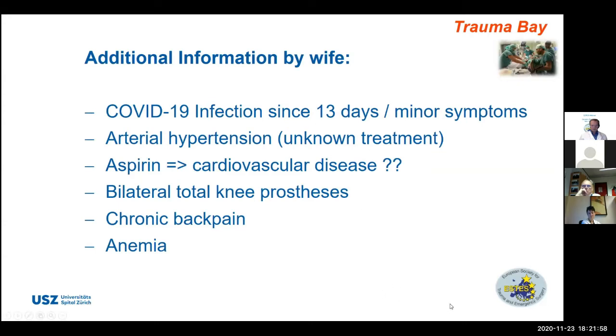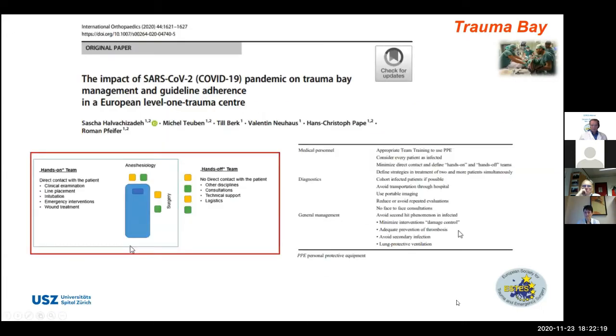She tells us that he's on aspirin, probably because of cardiovascular problems, but she's not sure. He has a bilateral total knee. That's something we knew. He suffers from chronic back pain anyway, and he is anemic in the first place. So that could be, it doesn't have to be, but it could be a game changer.